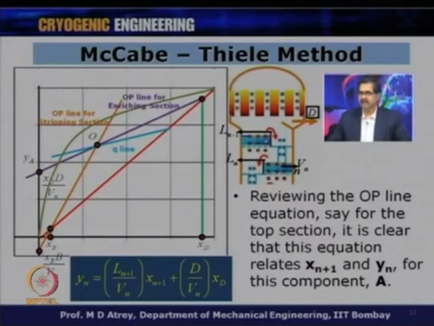Ln plus 1 or Xn plus 1 is the mole fraction of the liquid which is leaving the n plus 1th plate. So, the nth plate is receiving liquid from the plate above it, and the mole fraction of that component is denoted by Xn plus 1, while Yn is the mole fraction of the vapor of a component which is leaving this nth plate.